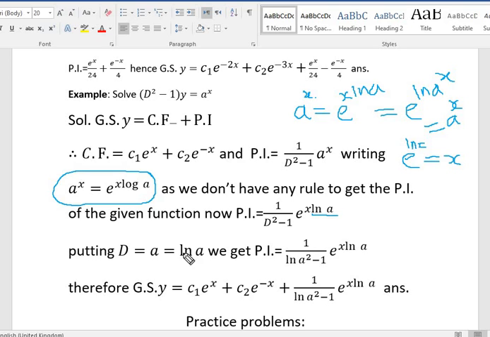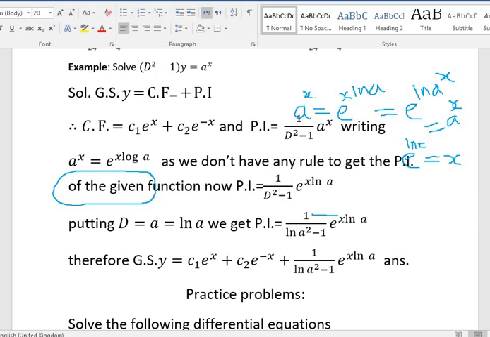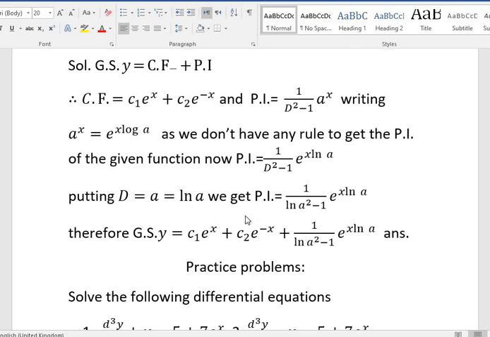Here the a in e^(ax) is ln a, so a equals ln a. So the particular integral is 1 divided by ((ln a)^2 minus 1) into e^(x ln a). The general solution is the complementary function plus the particular integral. Hopefully you understand that one.